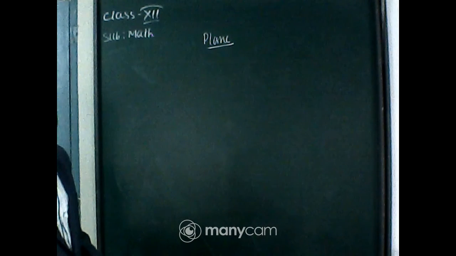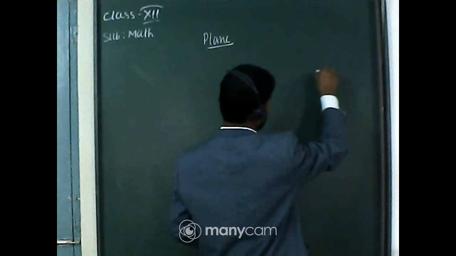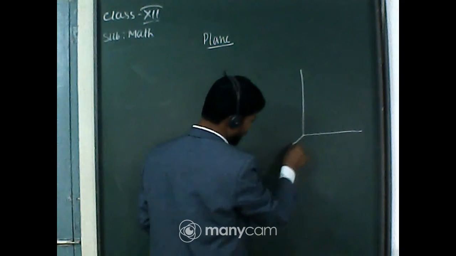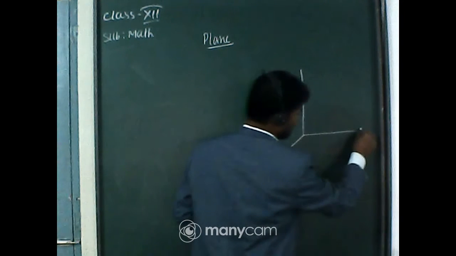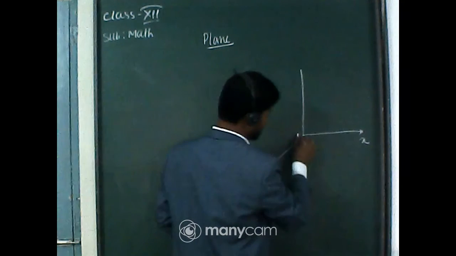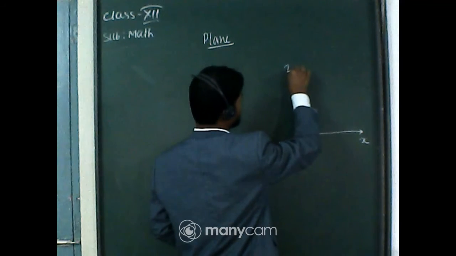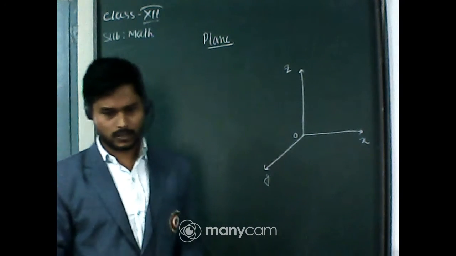Clear? Okay, so let us consider a three-dimensional set of rectangular axes. This is the x-axis, this is the y-axis, and suppose this is the z-axis.